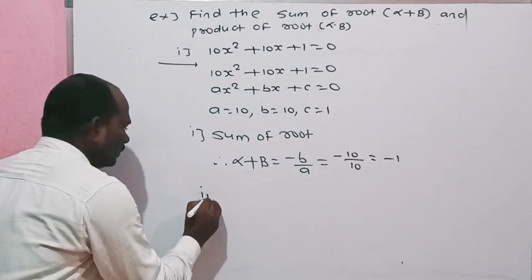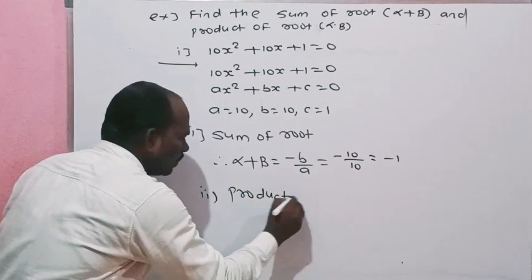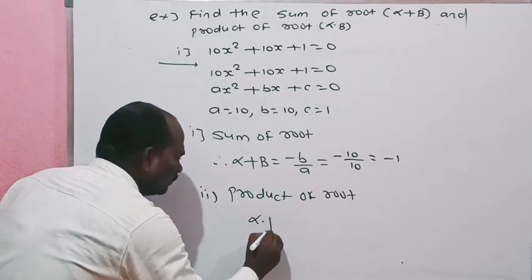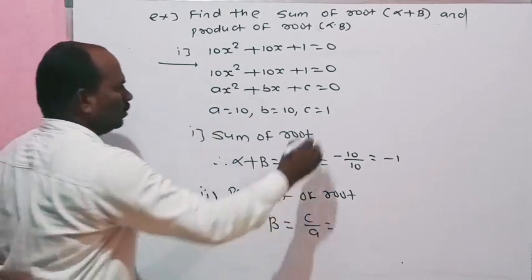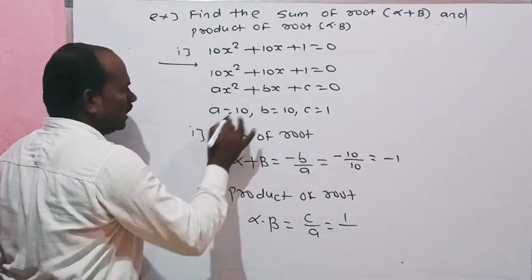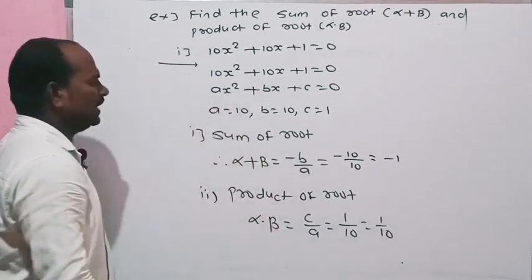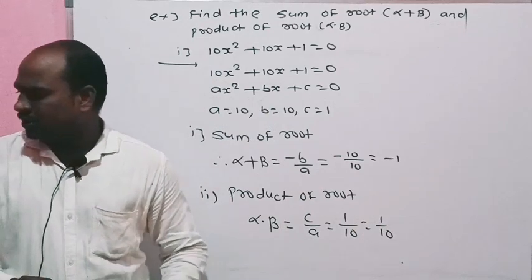The second is the product of roots, alpha dot beta equal to c by a. The value of c is 1 and the value of a is 10. The answer will be 1 by 10. This is the sum of roots and product of roots.